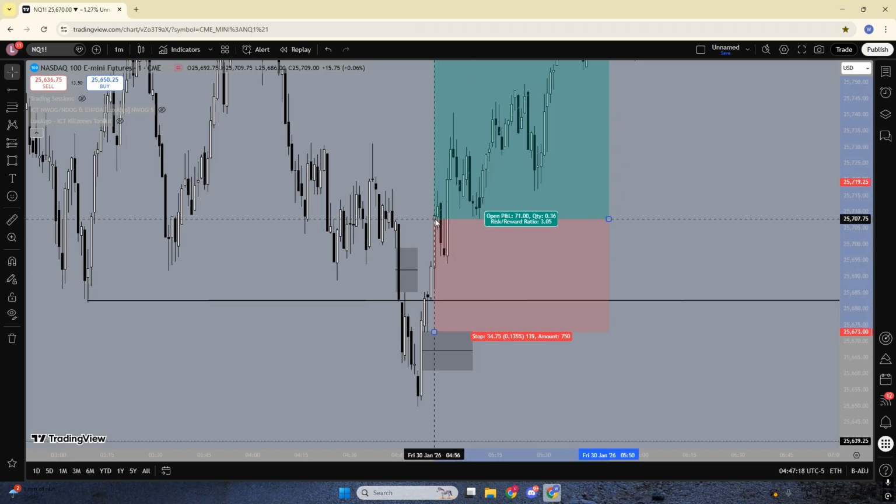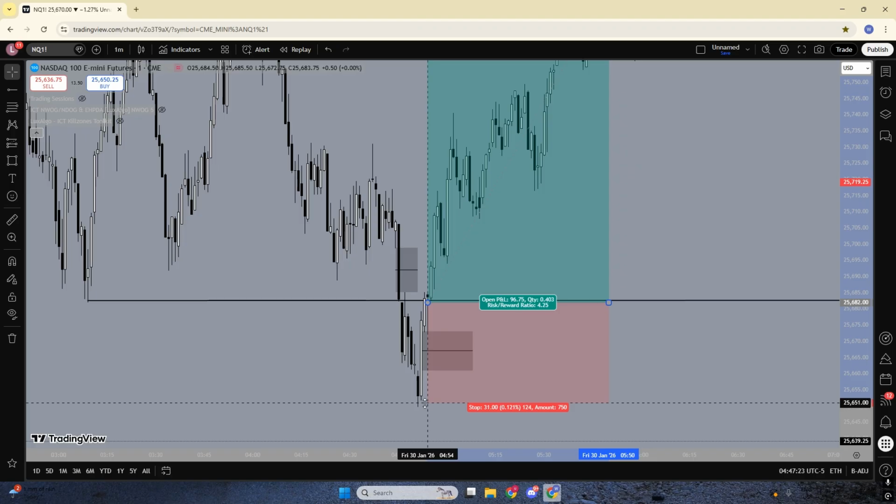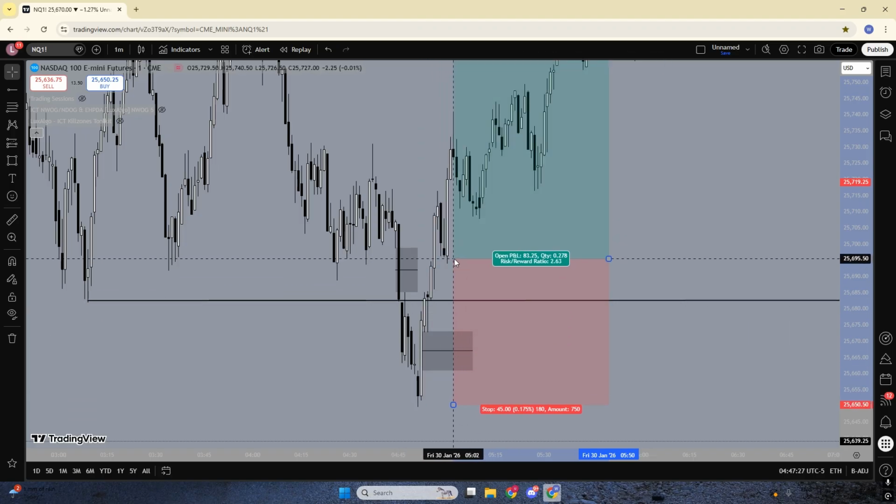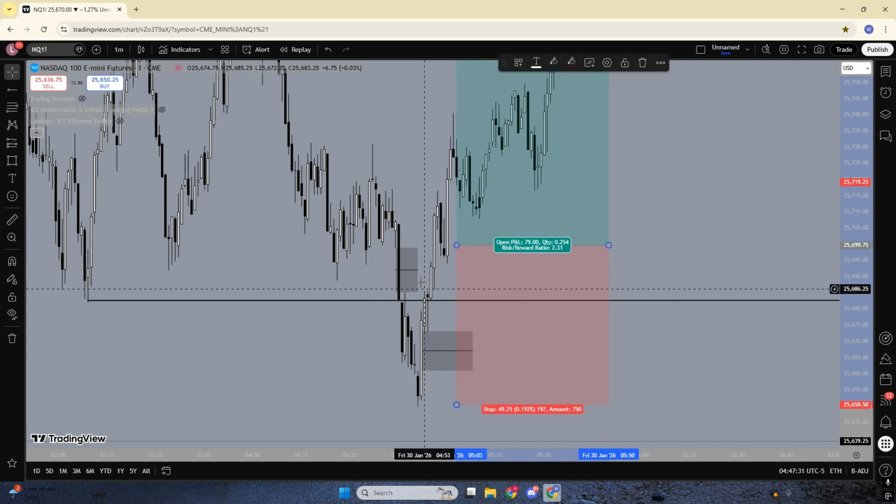So people will enter off here, maybe like here, maybe like the top tickers and stuff. They probably would have entered down here, but for me, I probably would have waited for a tap into one of these fair value gaps, give a strong reaction.